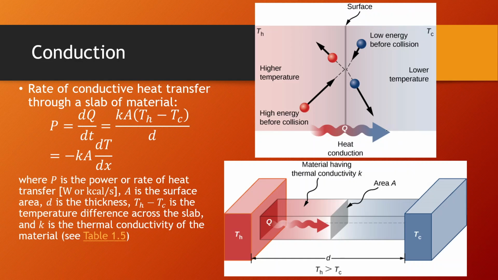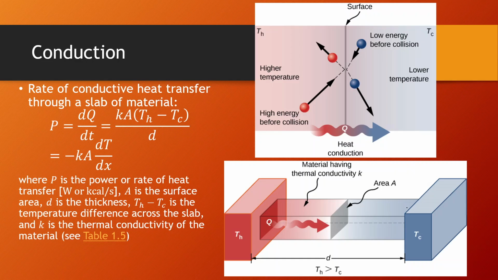Heat goes from hot to cold, and the higher energy atom, or molecule, comes into contact with the other surface, which has low energy and a cold temperature. They come into contact, and this one has a lower temperature and this one has a high temperature. And so we have this heat transfer.